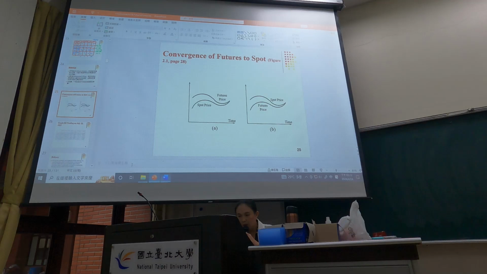It means you close the position early. So offset trading early. Basically in the futures contract, because they are very standardized, people just want to earn the differences in the prices, so they wouldn't go for the delivery, all right?